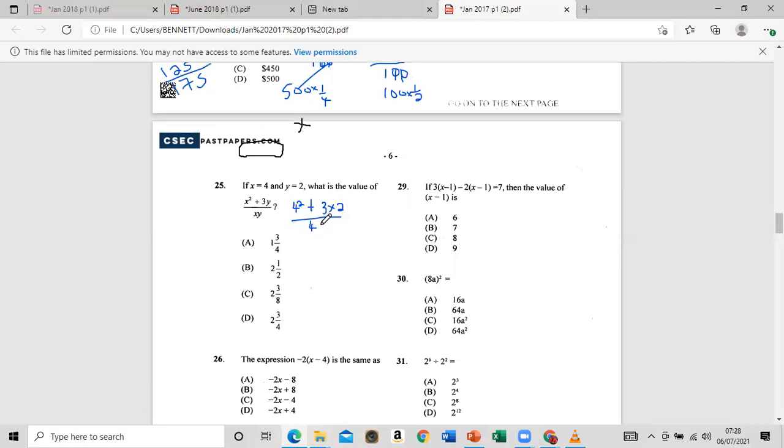I also did this one earlier in another video. 4 times 4 is 16, plus 6, and that's 22 over 8. I think we reduce this to 11 over 4. 11 over 4, right? 11 over 4.